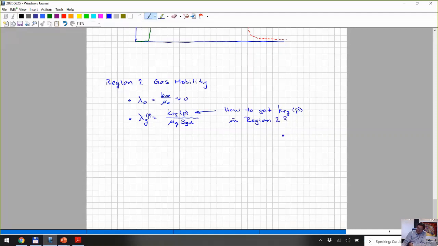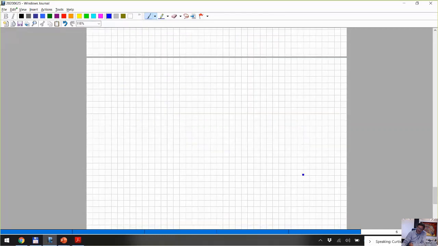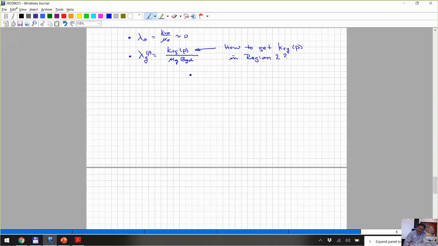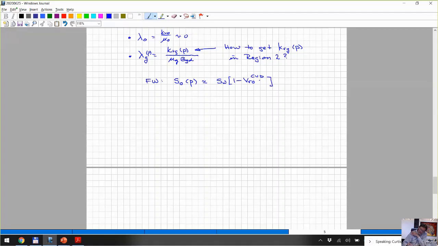Okay. So in this paper that we wrote, what we recommend doing as an approximation is that you calculate oil saturation as a function of pressure, approximated by the VRO calculated from constant volume depletion, which is known as a function of pressure.